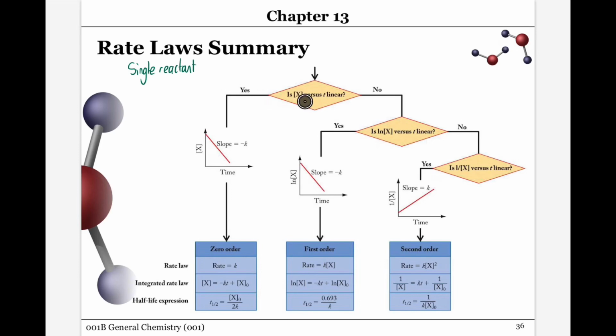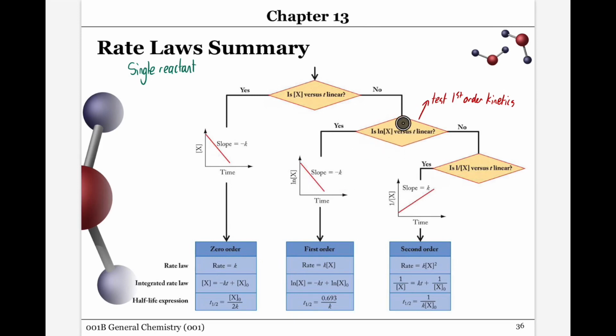If when we plot concentration versus time we don't see a linear relationship, then the next step is to test for first order kinetics. If the logarithm of the concentration versus time is linear, then we have first order kinetics, and the slope of that line is equal to minus our rate constant.